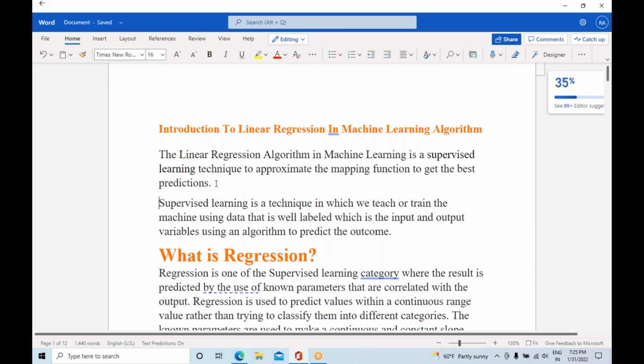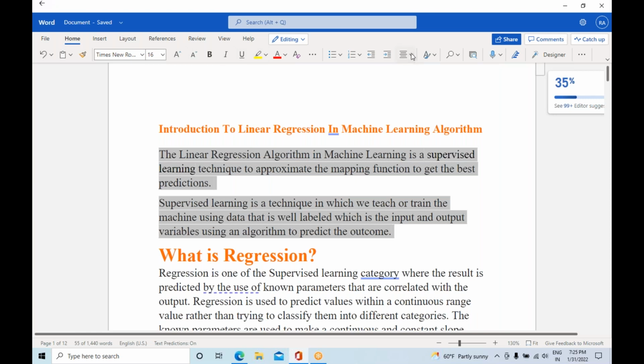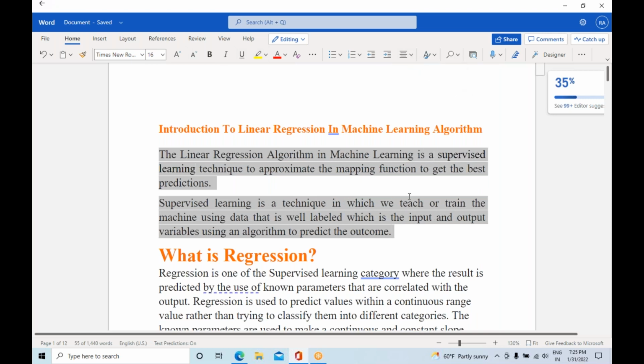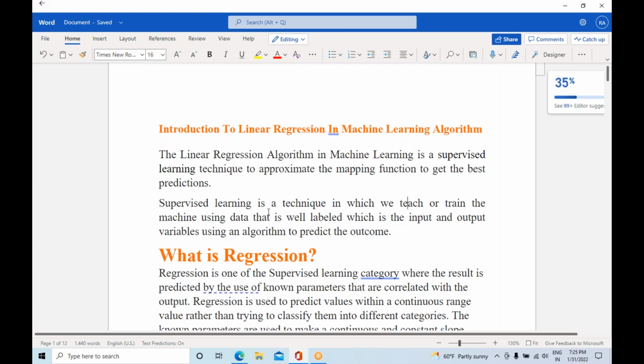Supervised means you may have some kind of training data. Supervised machine learning algorithm means when we have some kind of training data or labeled data to predict your outcome. That we call a supervised machine learning algorithm. Is it clear, my point?